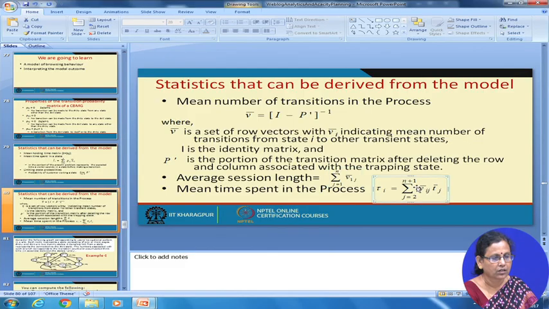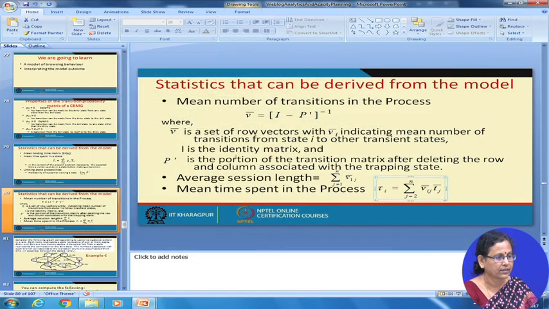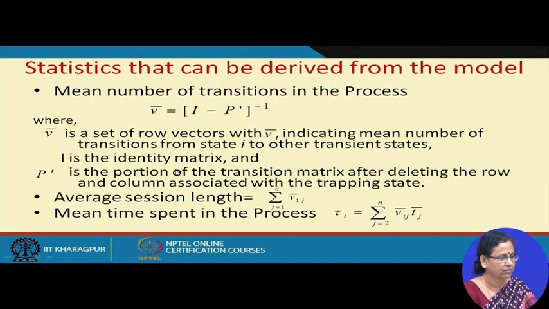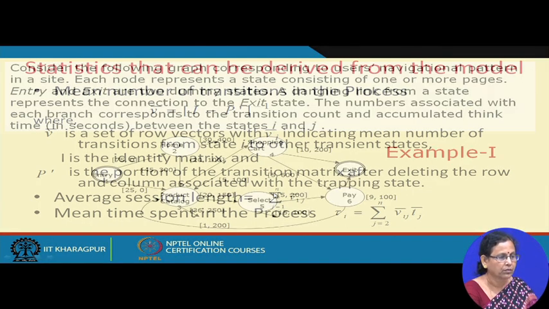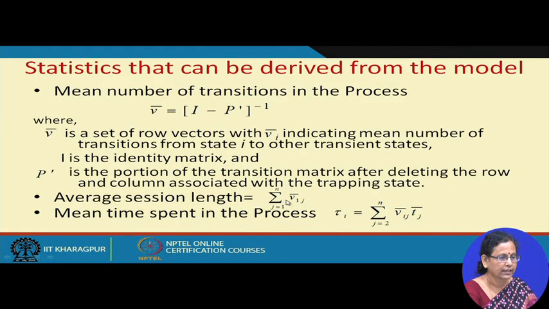And what is this nth state? Nth state is the exit state. Okay. So, now the slides are corrected here itself. So, you do not have to worry about it anymore. So, the average session length can be found out from this formula.